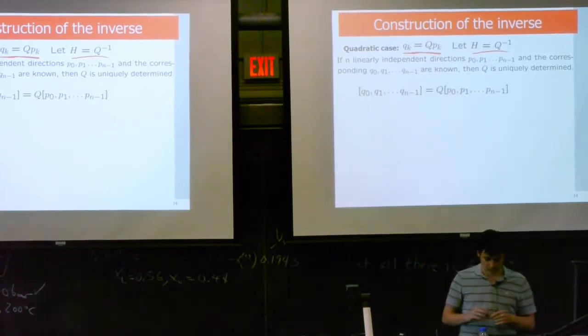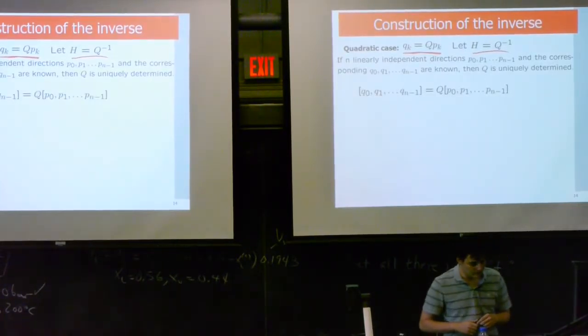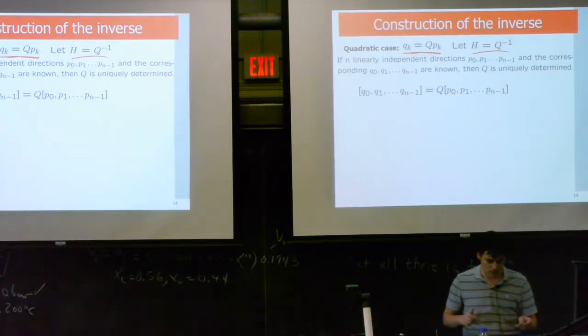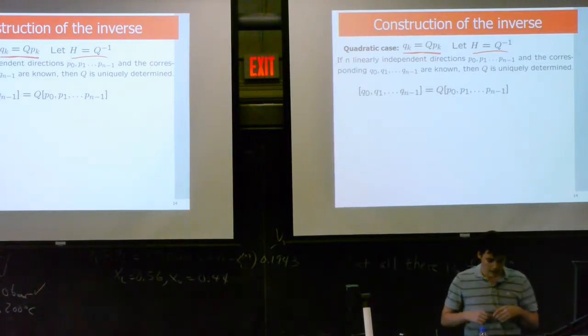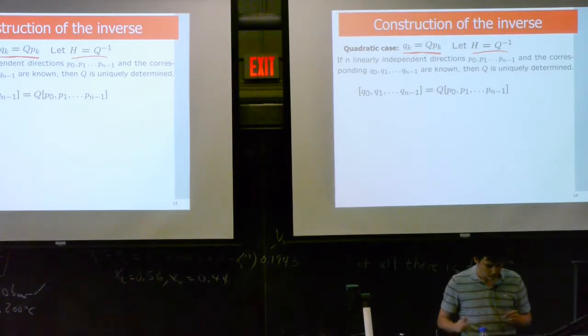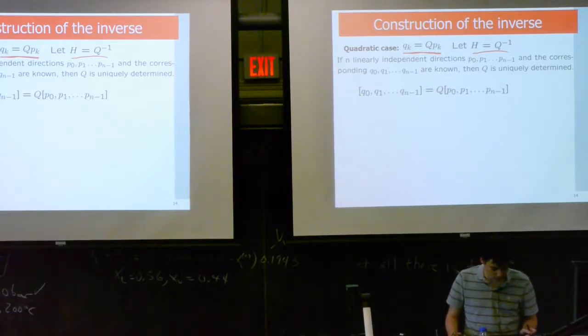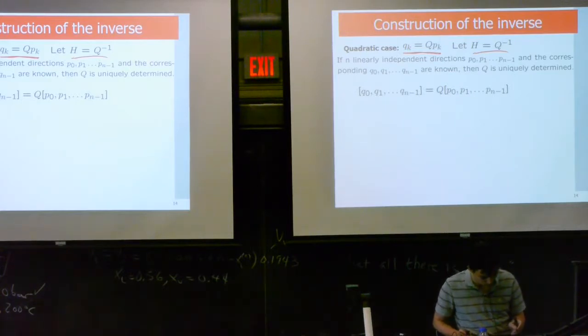And now the trick that we will use: if we have n linearly independent directions p_0, p_1, up to p_{n-1}, you remember the definition of these vectors. If we have n of them, they are independent, and we calculate these vectors q as well.